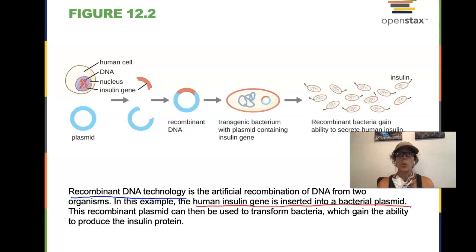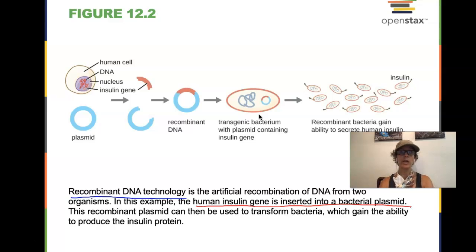This is a very quick picture of recombinant DNA technology. It's called recombinant because we take DNA from two different sources and recombine them into one molecule and then insert that into a cell so that the cell can transcribe that DNA to RNA and then translate the RNA into the protein product.